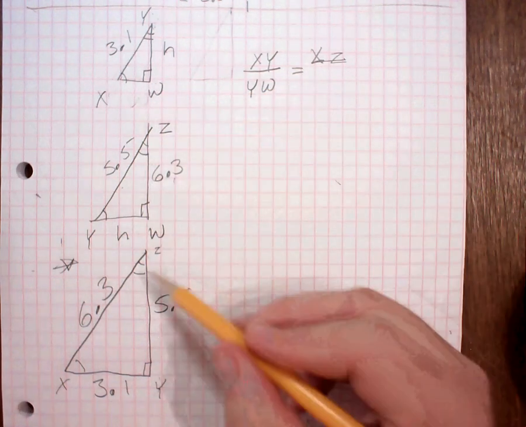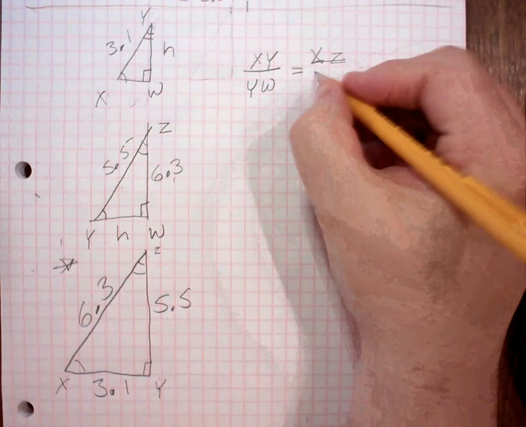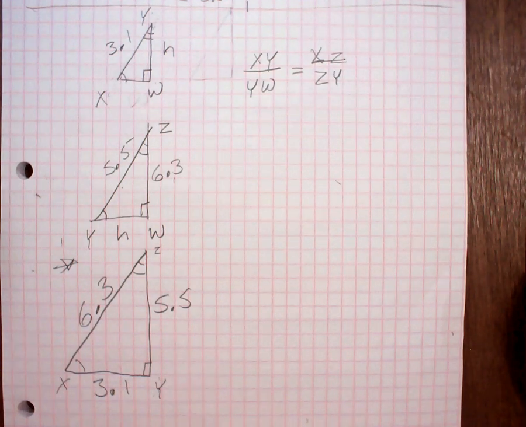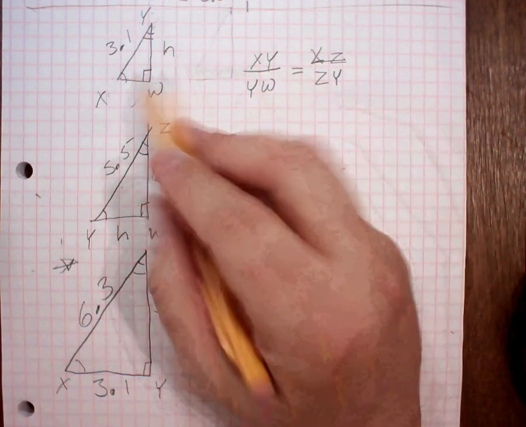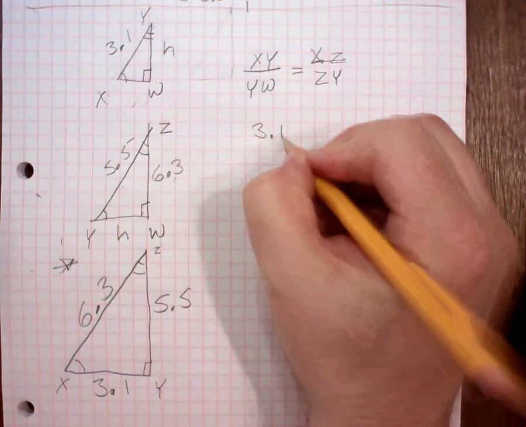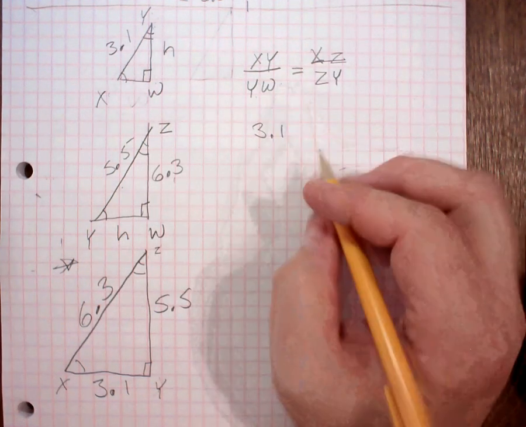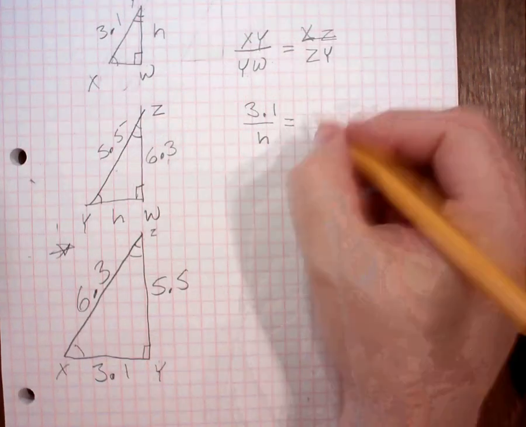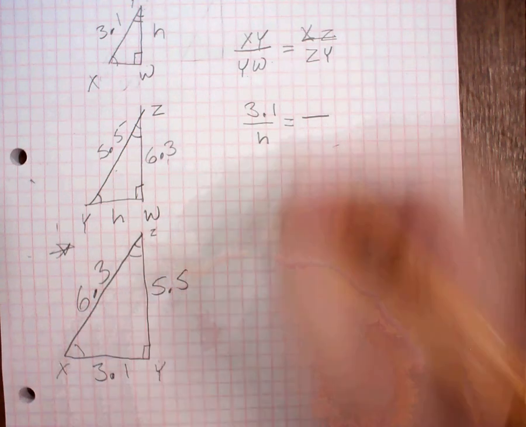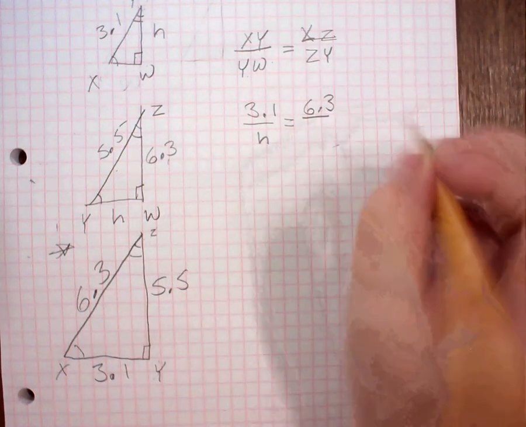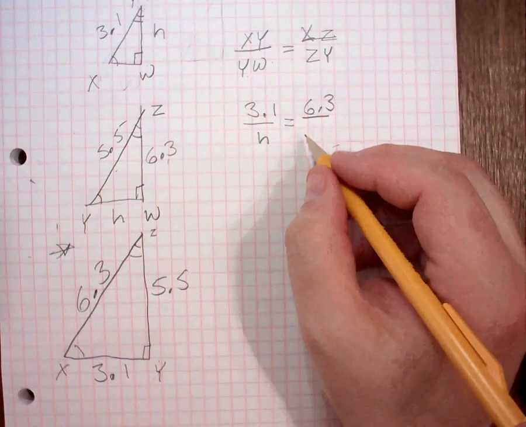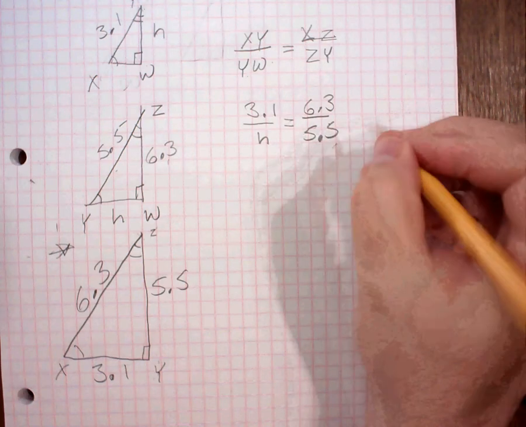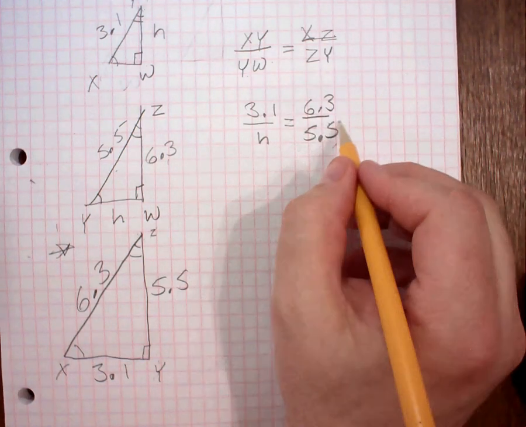YW corresponds to ZY. Okay. So now I'm going to plug in the numbers. XY is 3.1. YW is H. XZ, X to Z, is 6.3. And then YZ, Y to Z, is 5.5. Okay. So then we cross multiply.